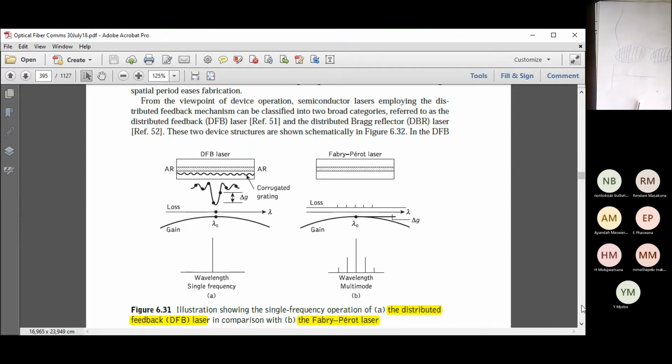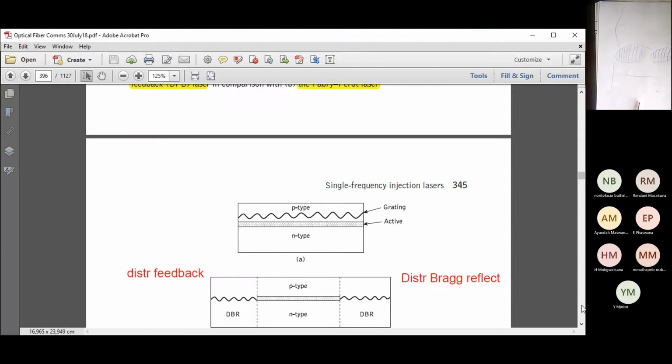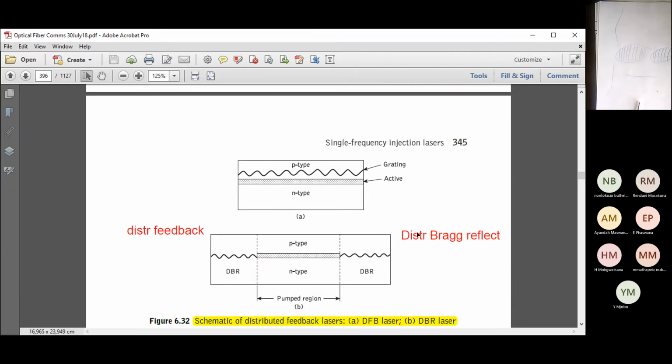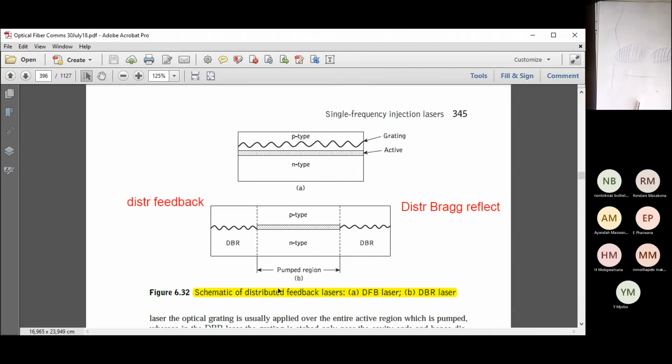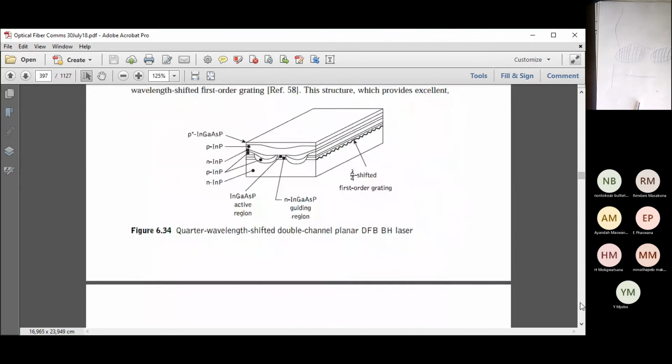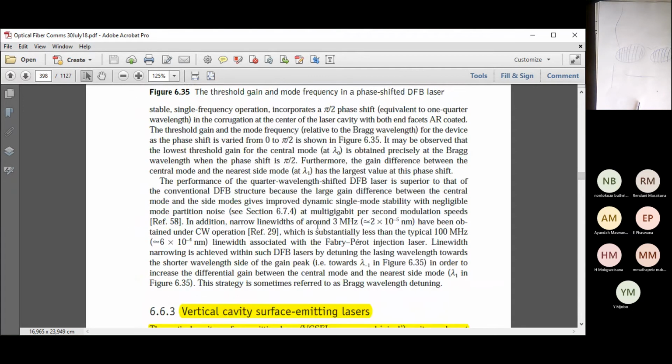I'm not going into that. We don't need that info here. This is the distributed Bragg effect and how it works. I'm just telling you that it is a distributed feedback laser, and it does use this Bragg effect. You don't have to learn it. You don't have to know this picture. I'm just giving you background information.